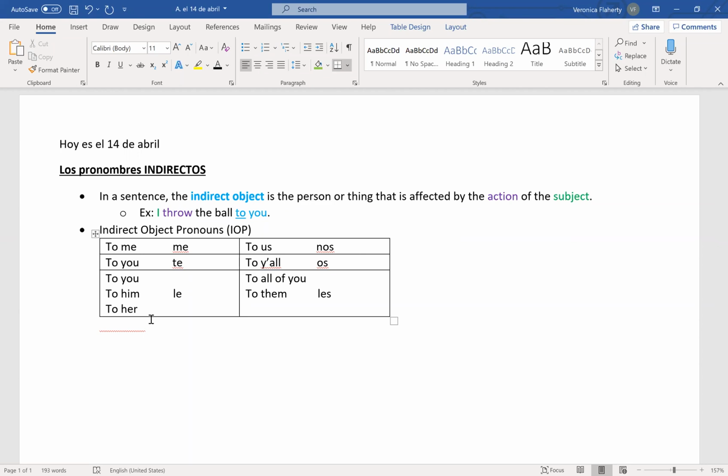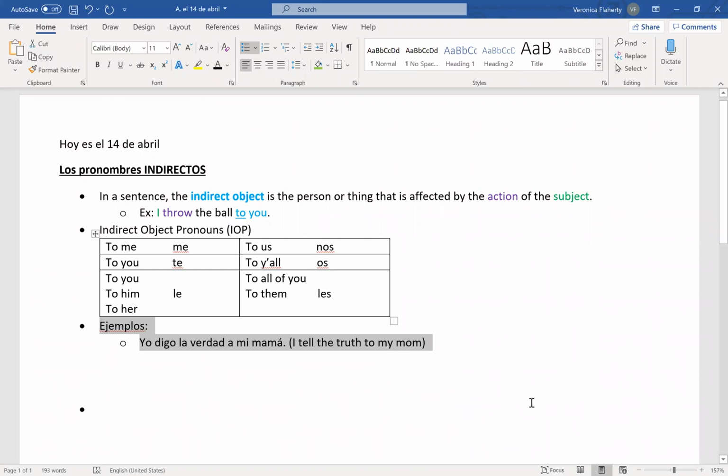Okay, so let's look at a simple example. Yo digo la verdad a mi mamá. I tell the truth to my mom. What's the subject in that sentence? Yo.